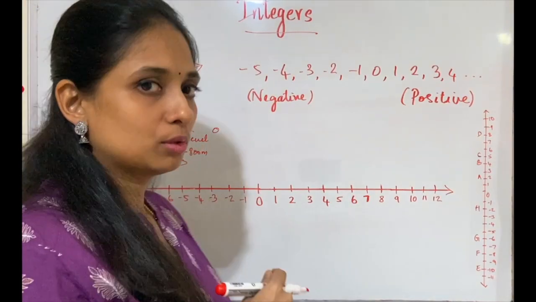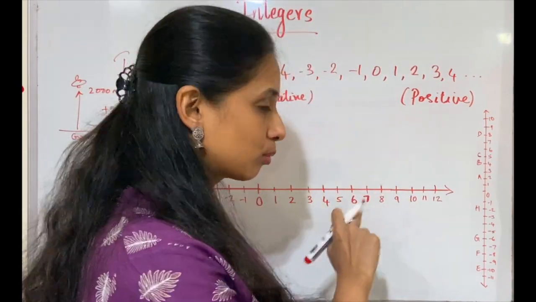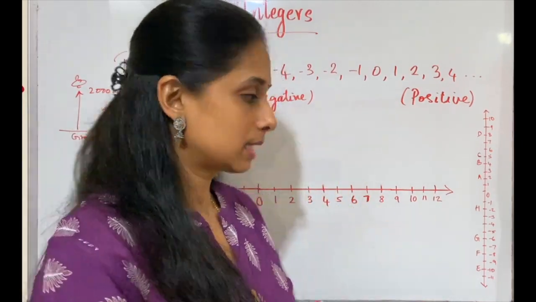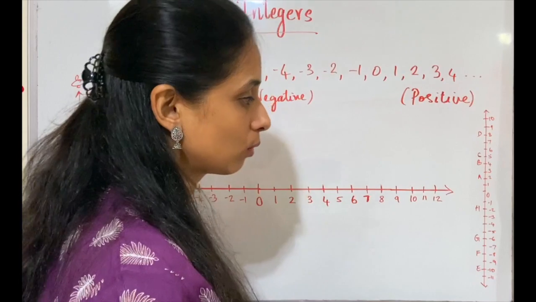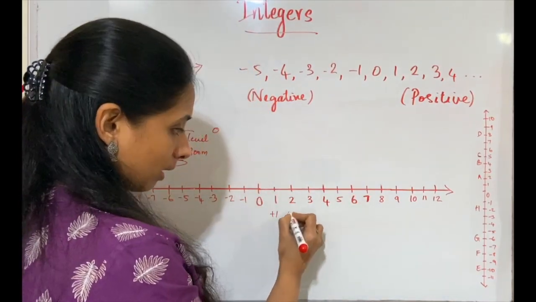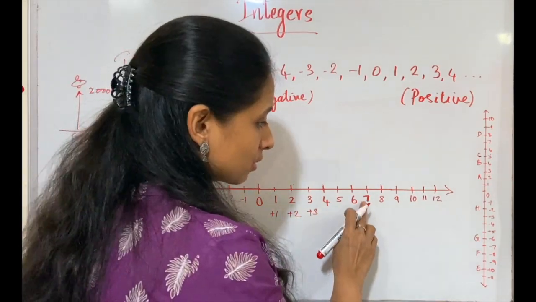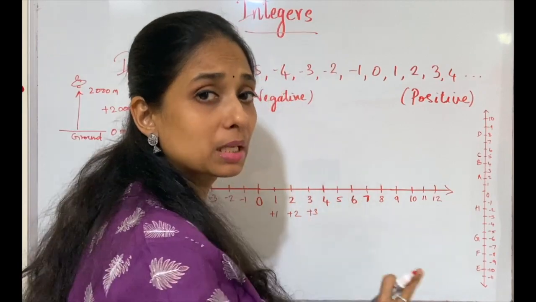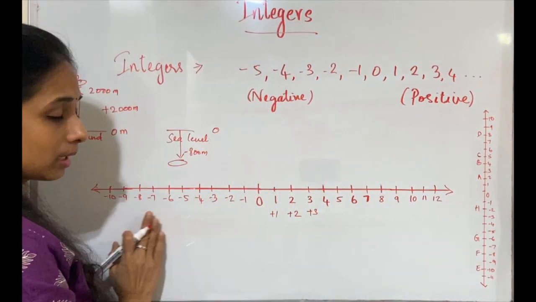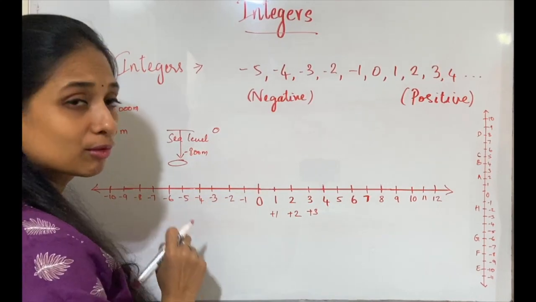Before this, I want to tell you, we have numbers here, right? Have I put plus here? No. But still I say these are all positive integers. Why? Because I don't have to mention this as plus 1, plus 2, plus 3. If there is no sign here, then it means it is plus only, positive only. But if it is a negative integer, we will have a minus before that number.